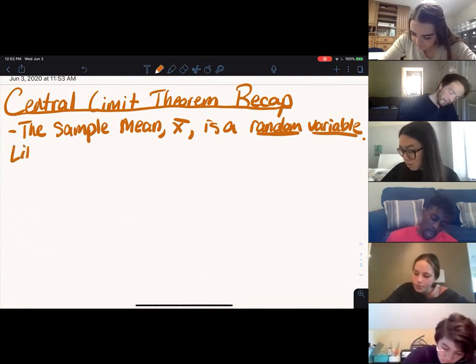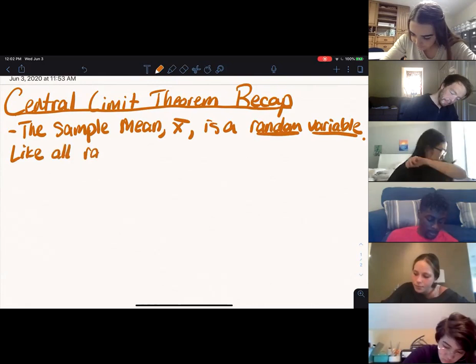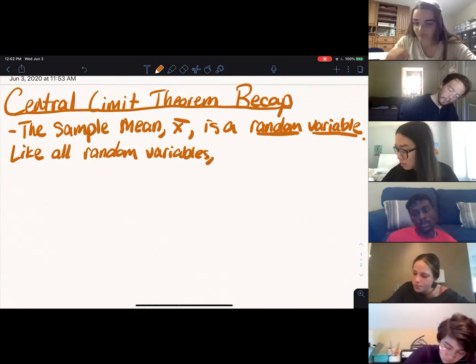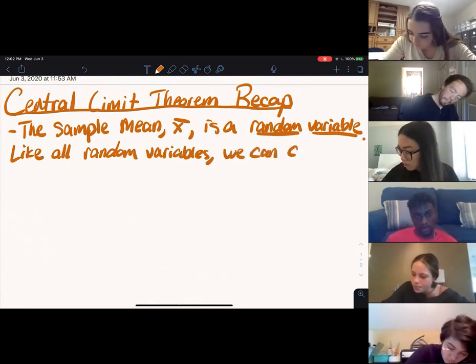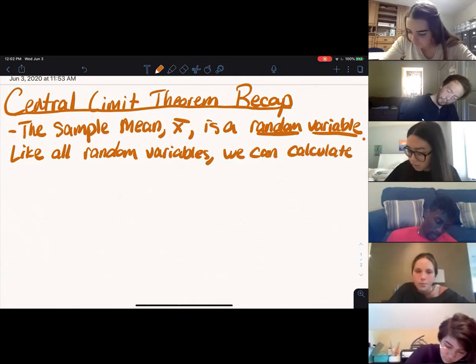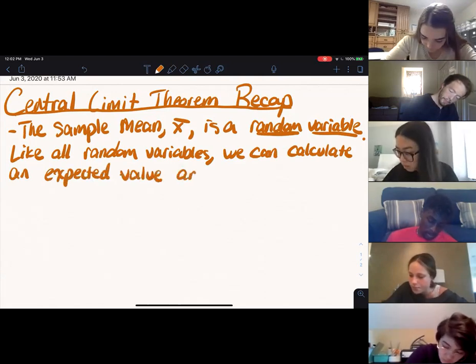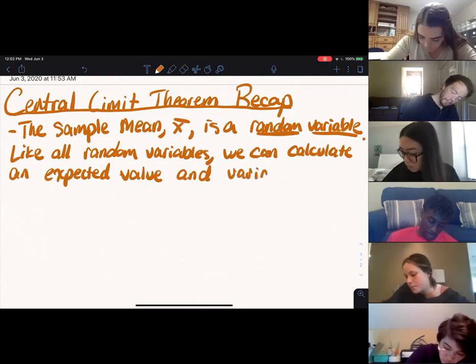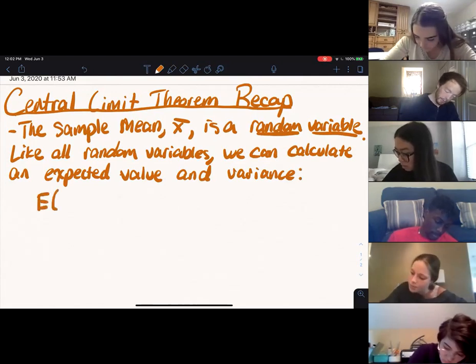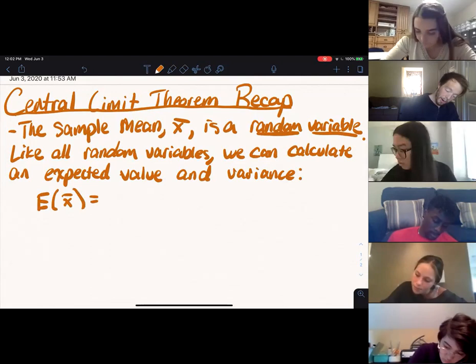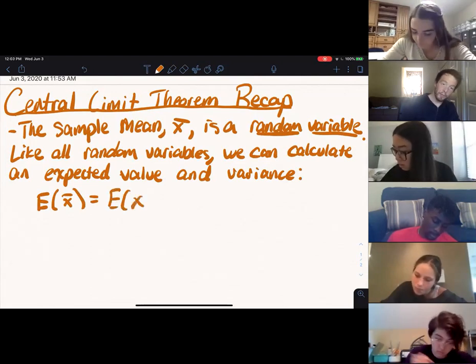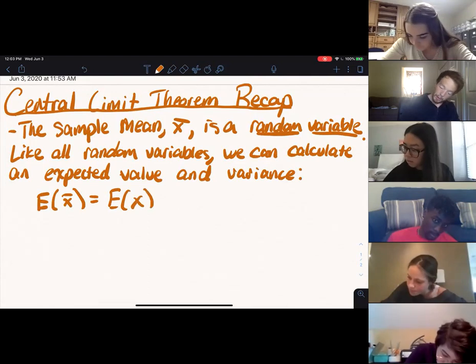And like all random variables, we can calculate an expected value and variance. I actually gave you the formulas for these. The expectation of x bar turned out to just be the expectation of the data from which we made x bar, which is mu.